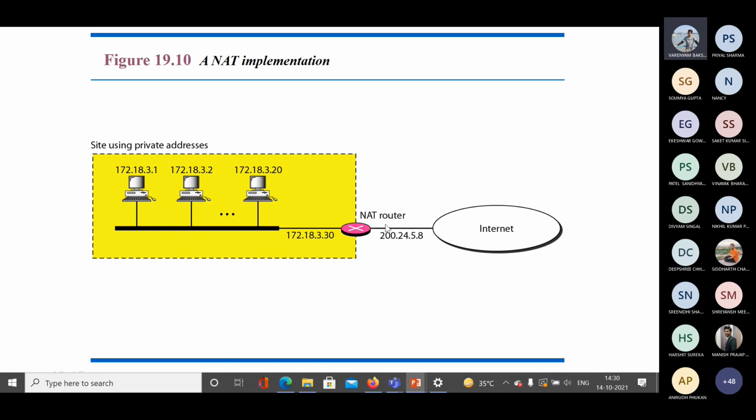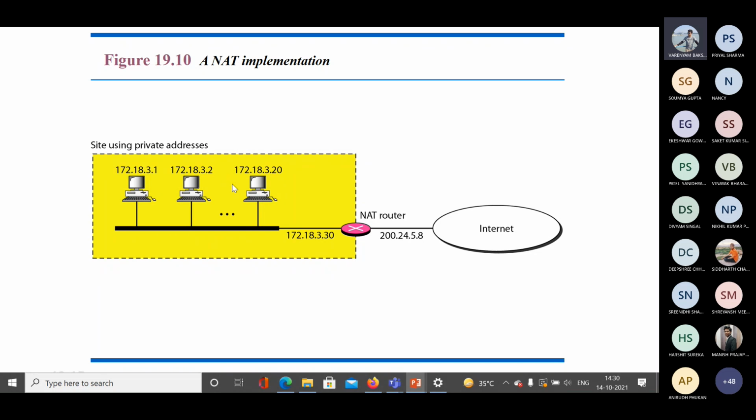So to the world, the organization is known by this particular IP address, that is 200.24.5.8, but inside, this interface to the NAT router is known as 172.18.3.30, and each of the hosts connected to this router is given a different IP address locally.